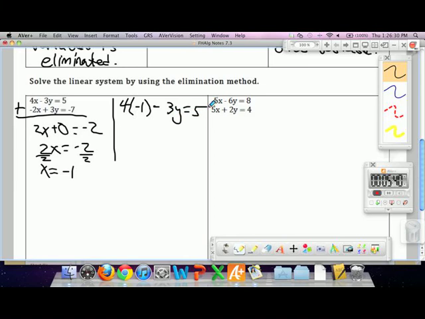Negative 4 minus 3y is 5. Negative 3y is 9. y is negative 3. So these two lines, if you were to graph them, cross at the point negative 1, negative 3.